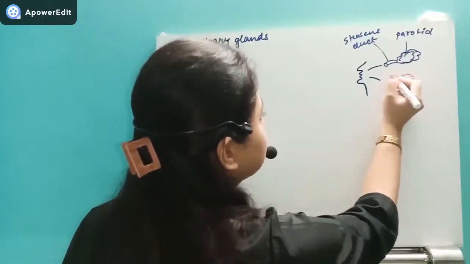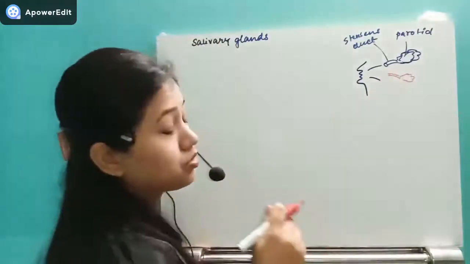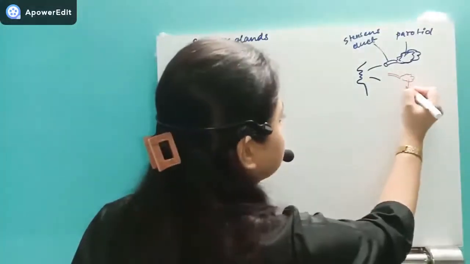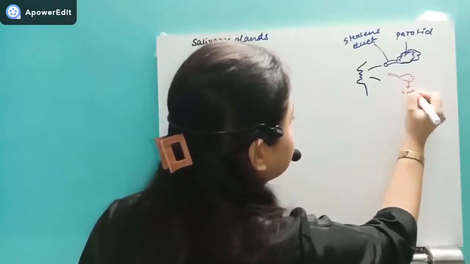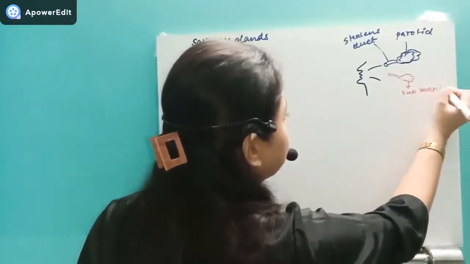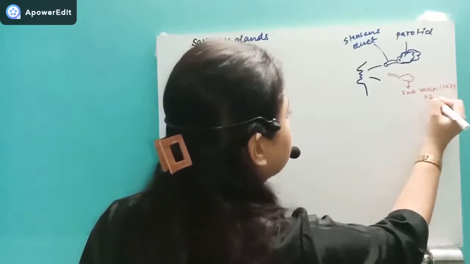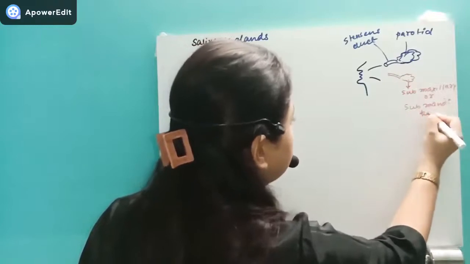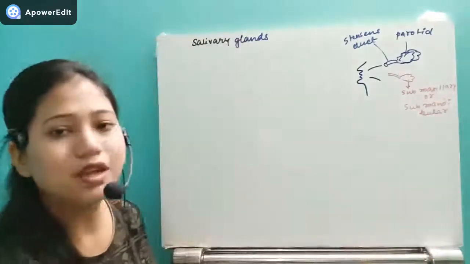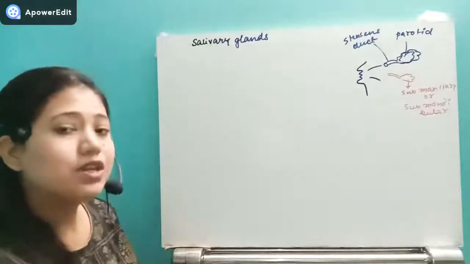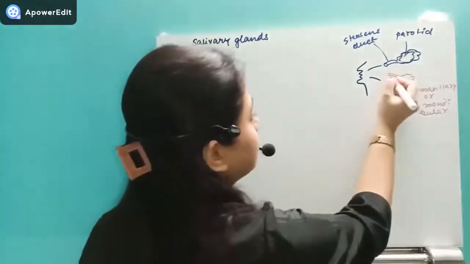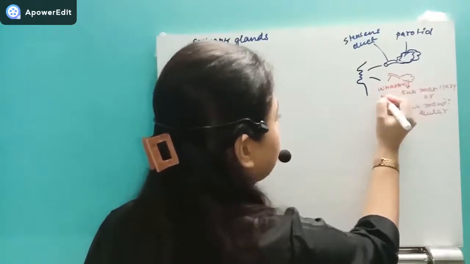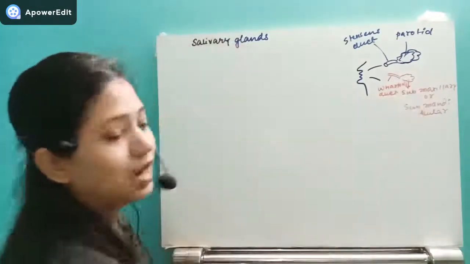That is known as the submaxillary or submandibular gland, right? So the submaxillary or submandibular gland is going to have its duct. The name of the duct is Wharton's duct. This is known as Wharton's duct.